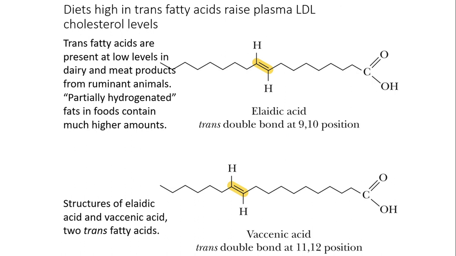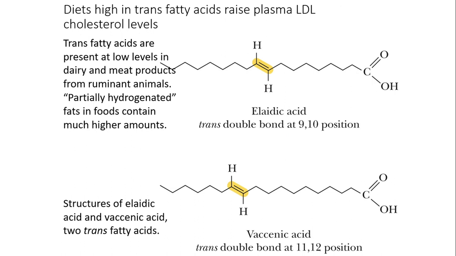So this is the principal trans fat found in hydrogenated vegetable oil products. The other, vaccenic acid, is a naturally occurring trans fatty acid, and this occurs in the fat of ruminant animals, which we've already discussed, and in dairy products. So this would be in milk, butter, cheese, and meat.